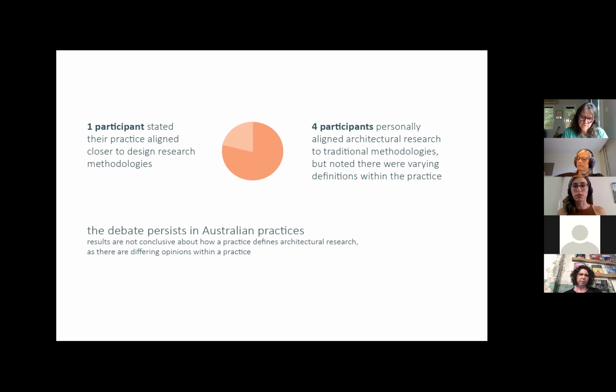Design research focused on projects themselves and buildings themselves being a production of new knowledge, whereas traditional methodologies related more to social sciences and science aspects of research methodologies. Is that so? When practices were saying traditional, they were thinking things like surveys and literature reviews and talking to people. Right. Something more rigorous, essentially. Okay, thank you. Hopefully that answered your question.